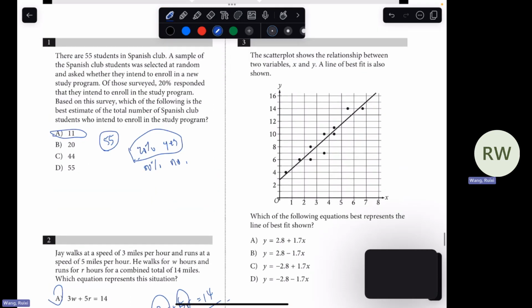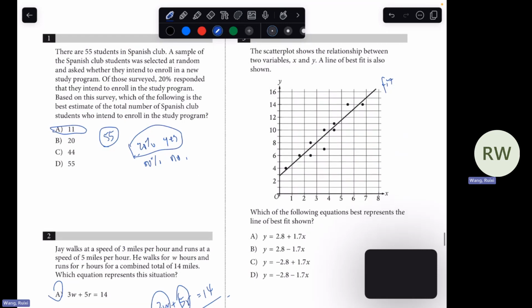All right, this one, scatter plot, which of the following? So you will fit a line to your data, right? Find the line that has the least distance to all your dots, right? It's basically like that. So see, this is 3 here, so your intercept is 2.8, right?